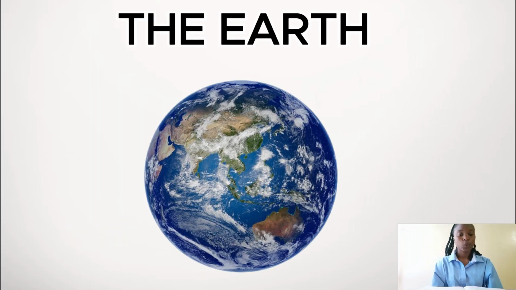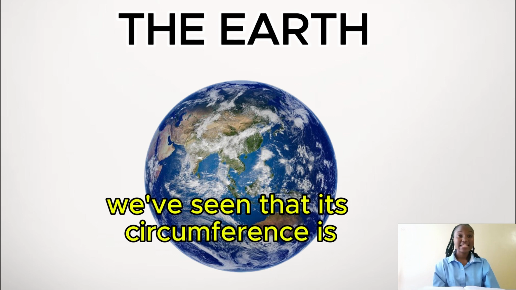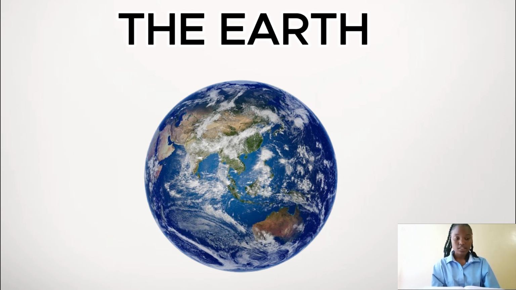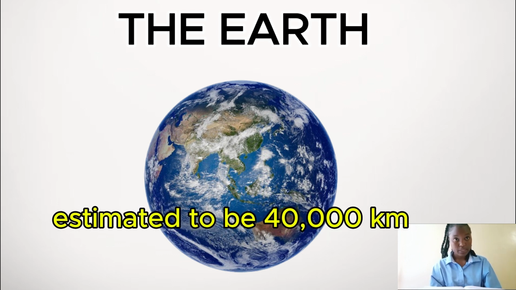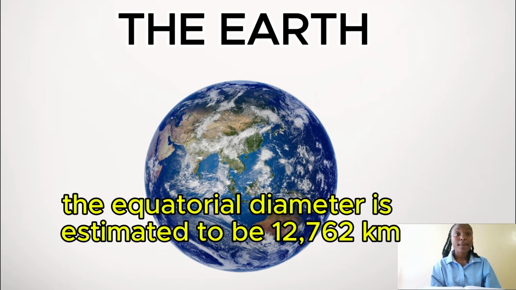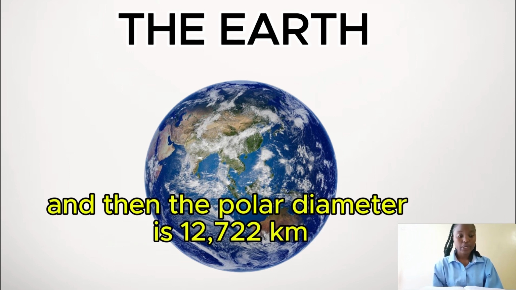So let's look at other properties of planet Earth. We've seen that its circumference is estimated to be 40,000 kilometers. The equatorial diameter is estimated to be 12,762 kilometers. And then the polar diameter is 12,722 kilometers.